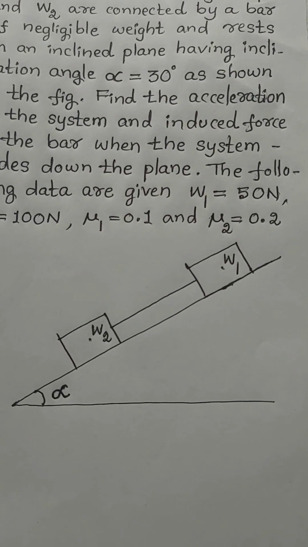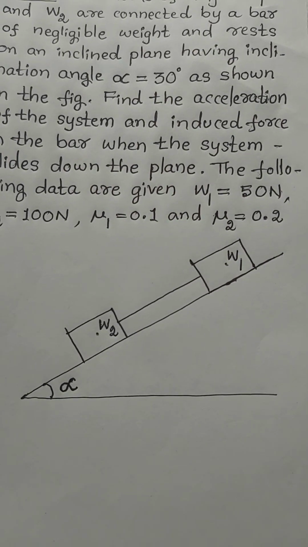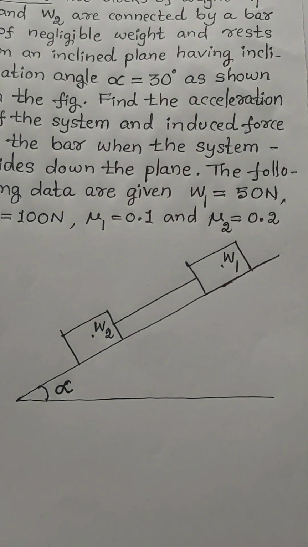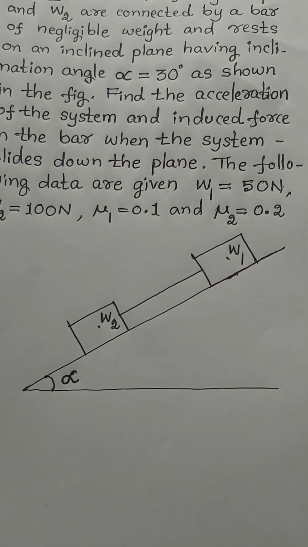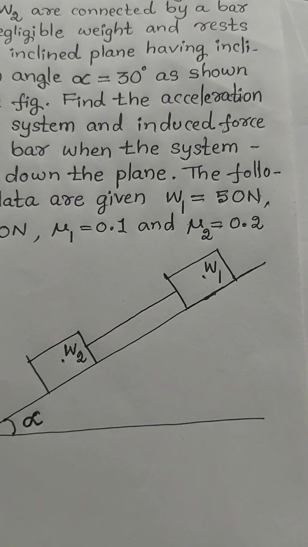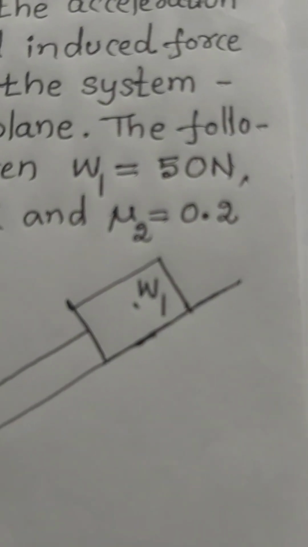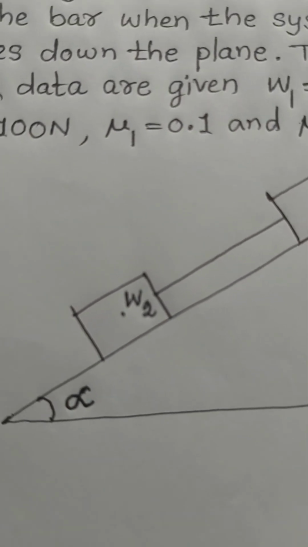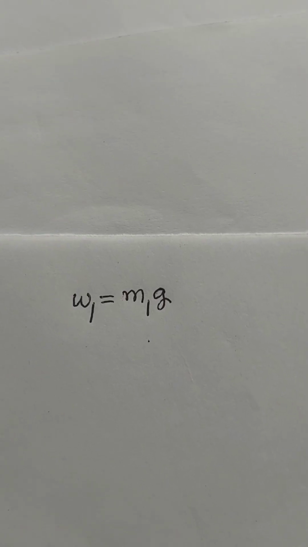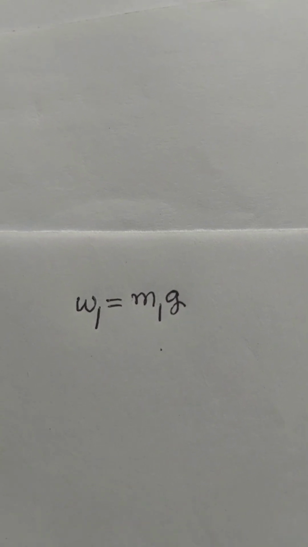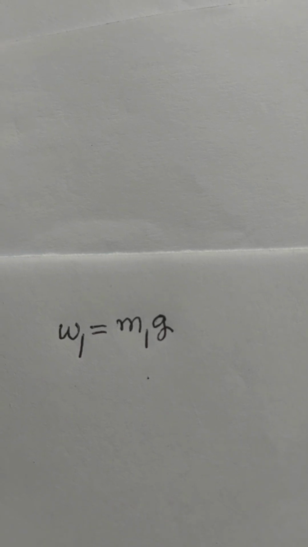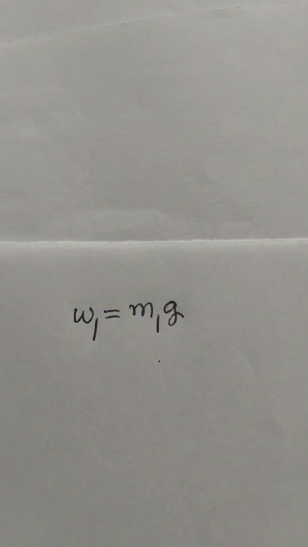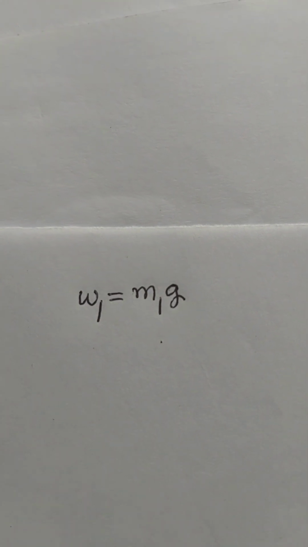Considering the force generated in the bar is a tensile force T of magnitude. Weight of block 1 is given as W1, weight of block 2 is given as W2. From the basic definition of weight, we can write W1 equal to m1 into g, where m1 is mass of the block W1 and g is acceleration due to gravity.